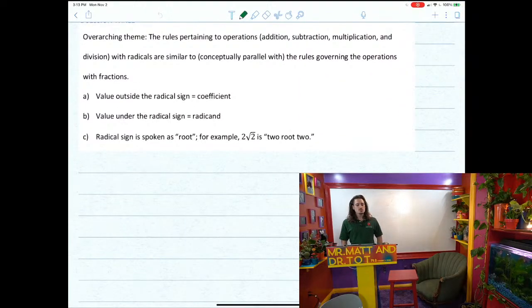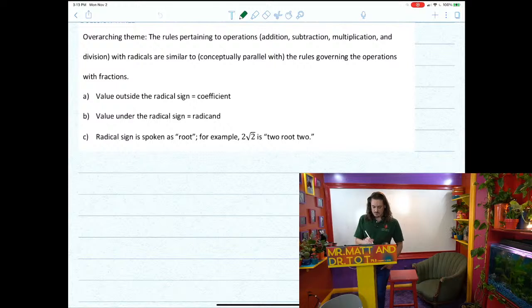The overarching theme when we're talking about radicals and the rules pertaining to radicals, like I said before, is that they're very similar to fractions. So we can use the rules of fractions as a bridge or as a memorization device to remember the rules pertaining to radicals. And just some definitions.